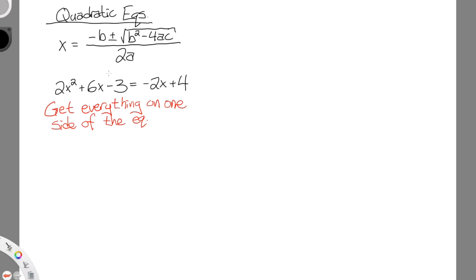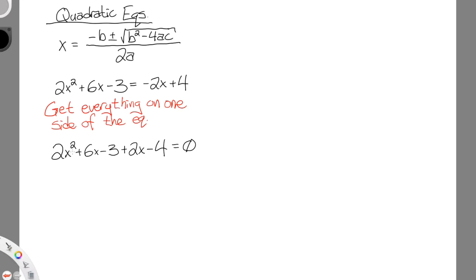We've already got 3 of these things on the left side and only 2 on the right, so I'm going to move everything over to the left. So that 2x squared can stay here, and then we have the 6x, and then the minus 3. To move the negative 2x over, we add 2x to both sides. To move that 4 over, we subtract 4. And that leaves us equals 0 on the other side.